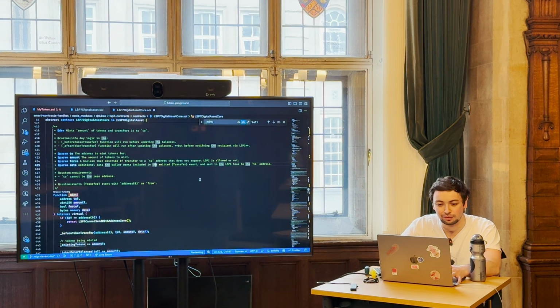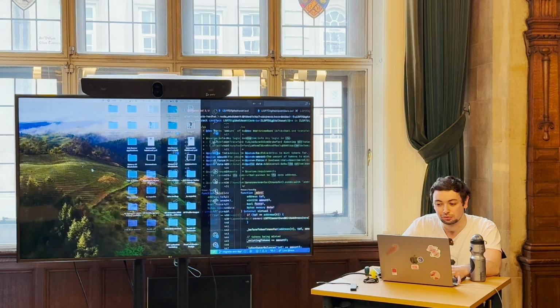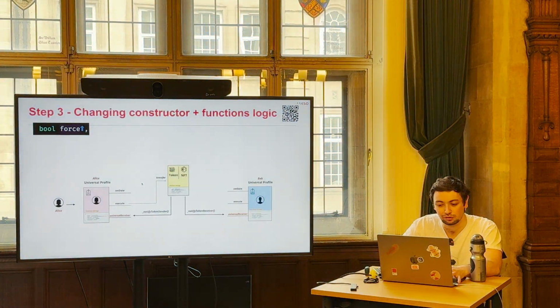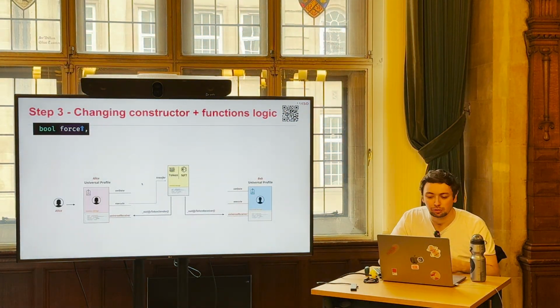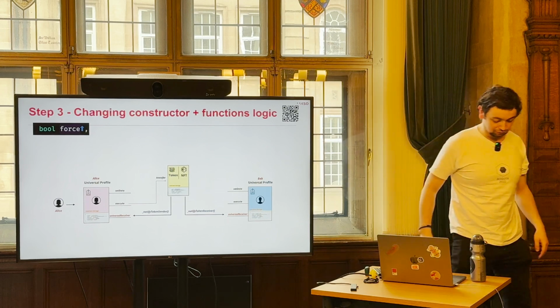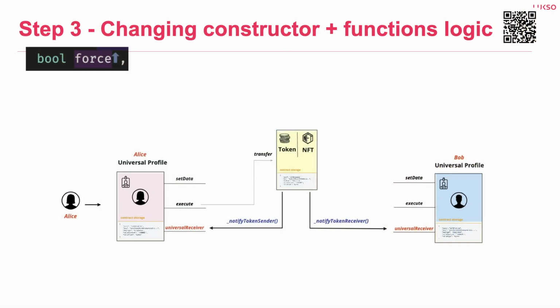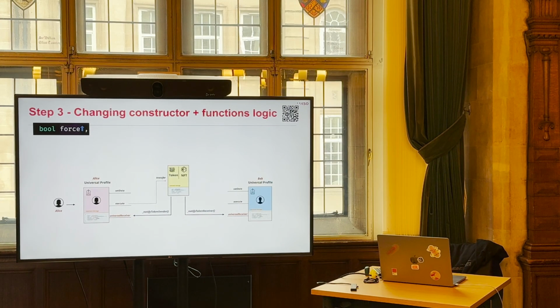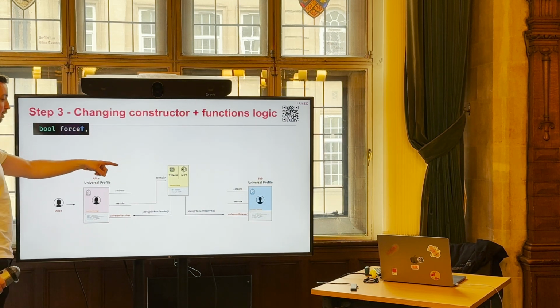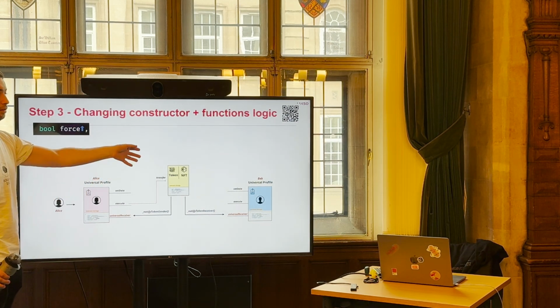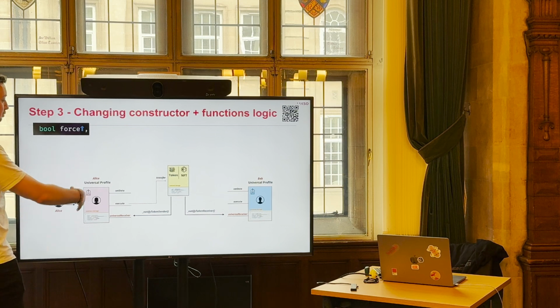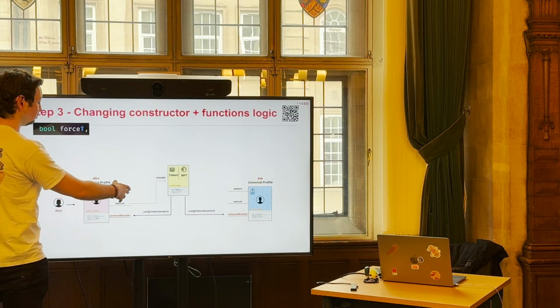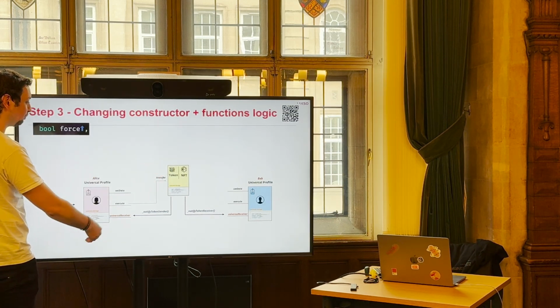Okay, so then we have a second parameter. This is how it works for the fourth parameter. The flow is as follows. Let's say I am Alice, like Alice and Bob, the traditional way in cryptography we describe. So Alice talks with the token contract and says, I'm going to send 10 echo coin to Bob.